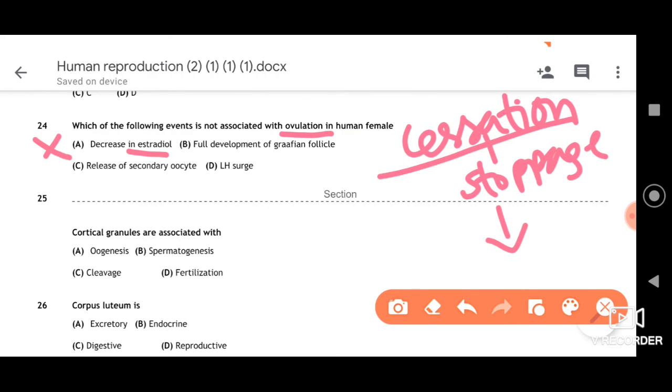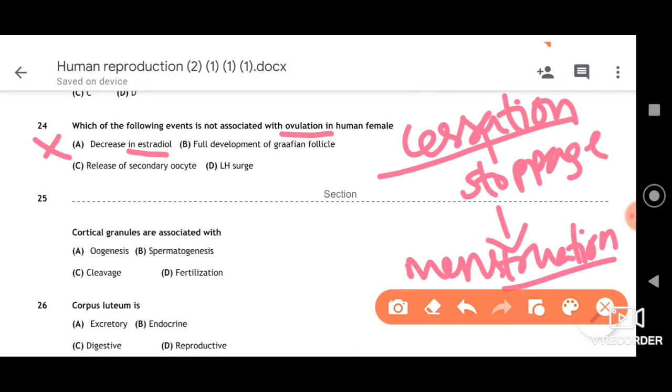So it has a role in the cessation of menstruation, because low levels of estradiol will result in that. These hormonal levels will fall after ovulation. After ovulation is over, we can find that the estradiol levels are very low. Also remember that before menstruation, very peak levels of estradiol can be seen.